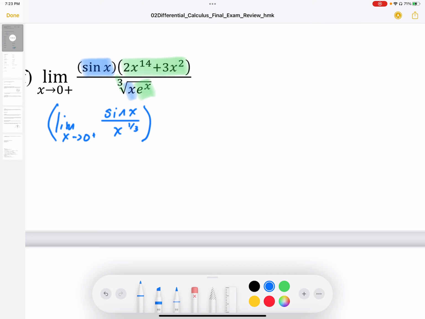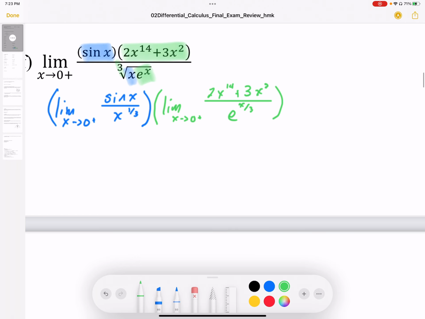And using limit properties, I can split this up from the limit as x approaches 0 from the positive side of 2x to the power 14 plus 3x squared, over e to the cube root of e to the x, which is going to be x over 3. Okay, so then evaluating the green part of this limit, that's just going to end up being 0 over 1. So that's going to be equal to 0.